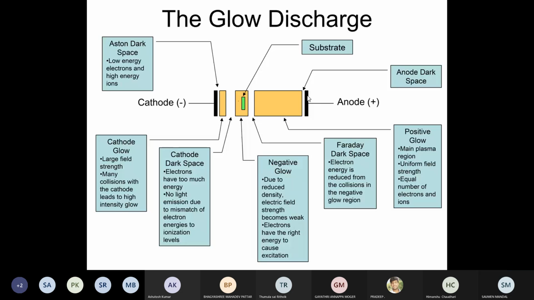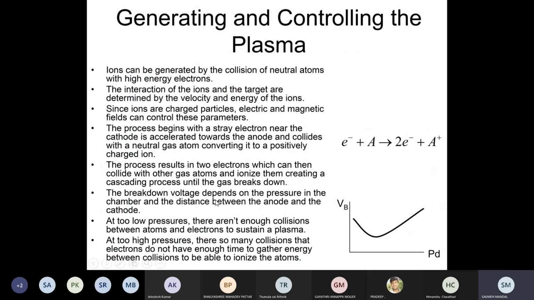As I told, this line is very important, the breakdown voltage. What is the breakdown voltage? This is the atom-to-ion formation. And this breakdown voltage depends on the pressure in the chamber and the distance between the anode and cathode, so these two factors are important.